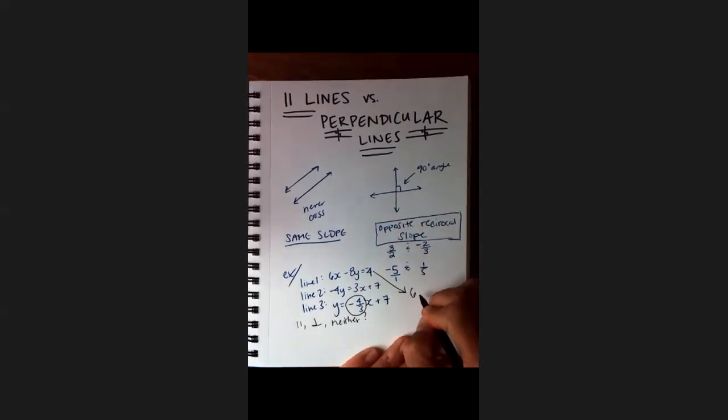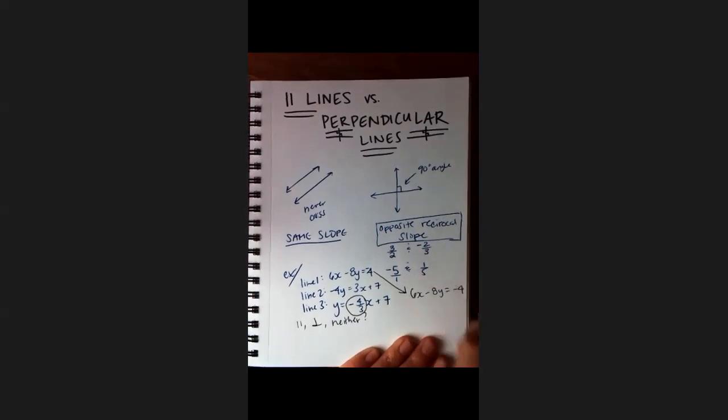So let's look at line 1 first and try to get it into slope-intercept form so we can see what the slope is. What would we do first here, Lisa? Well, I think the first thing I would do is actually subtract 6x from the left side and then subtract it from the right side to begin to get our y by itself. And then we would want to divide the left side by -8 and the entire right side by -8 in order to get that y on its own.